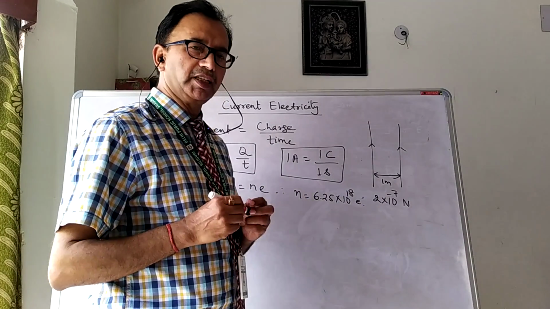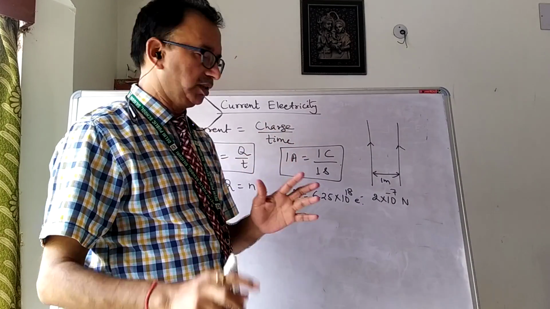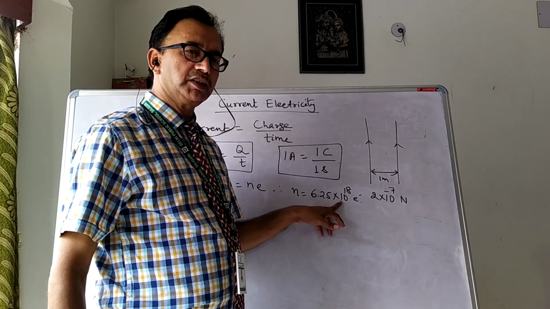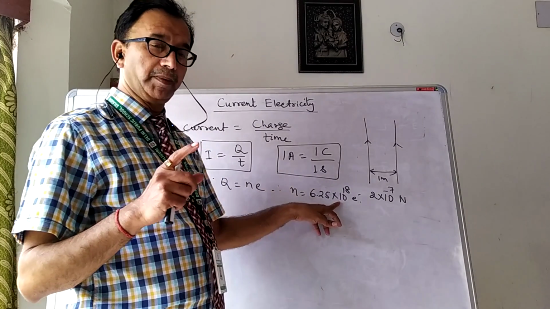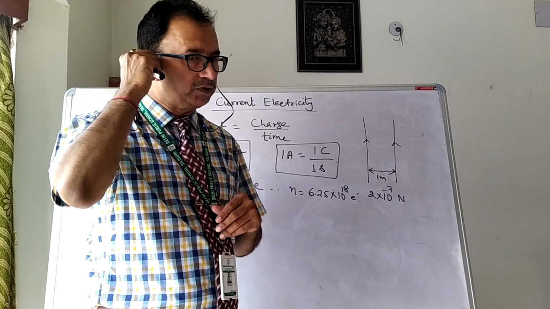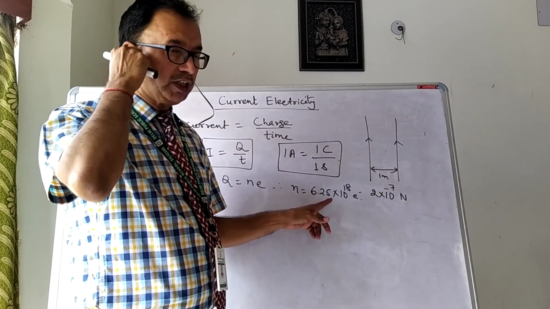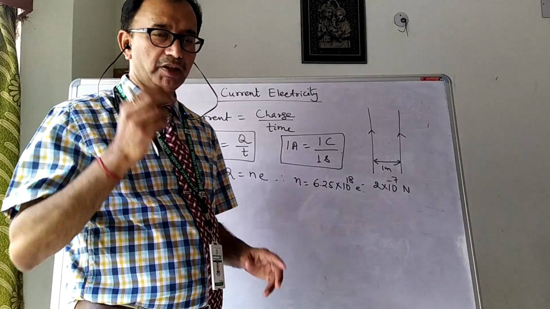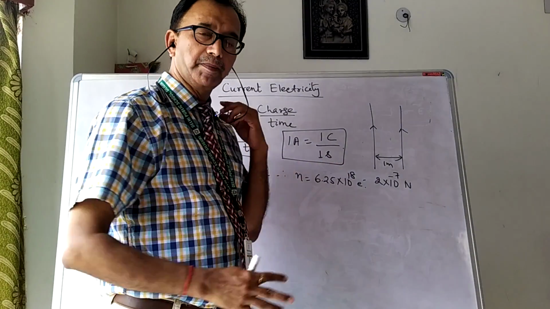So if I say there is 1 ampere current in a conductor, that means 6.25 into 10 to the power 18 electrons are flowing in 1 second. This enormous amount of electrons, known as the cloud of electrons, moves from one end to the other end, and hence we say that the electrons are drifted from one end to the other.